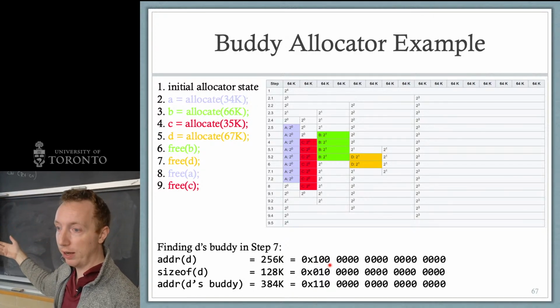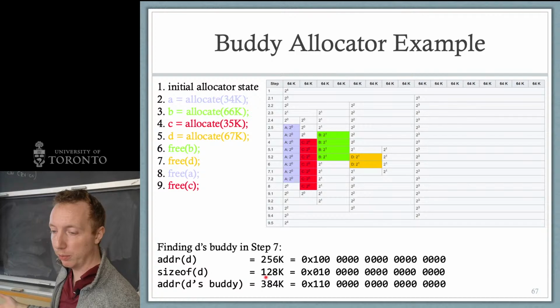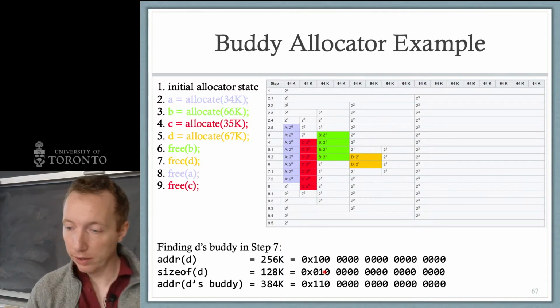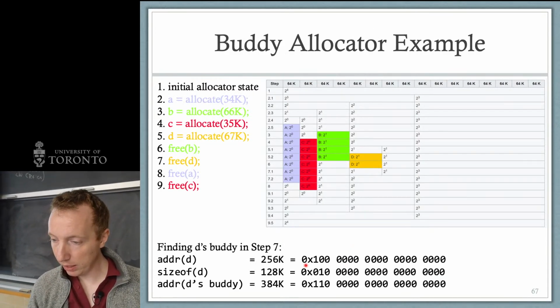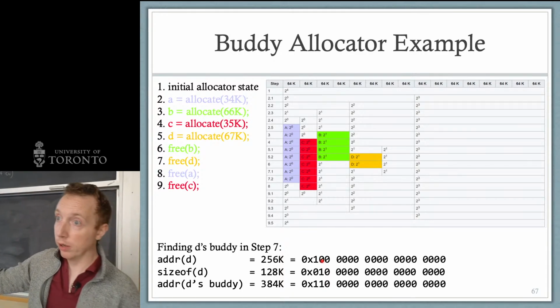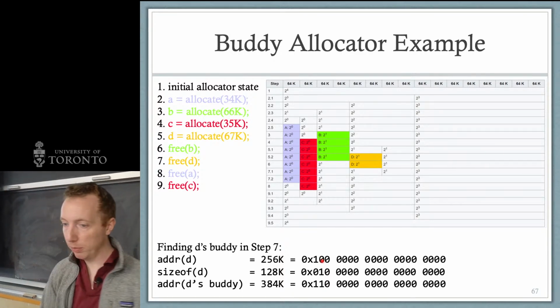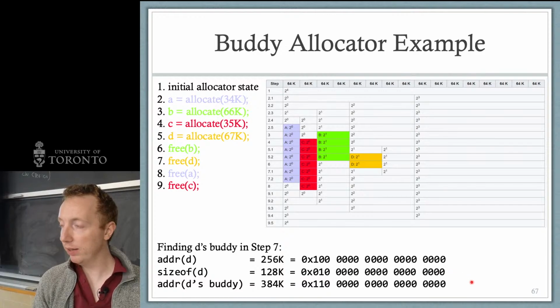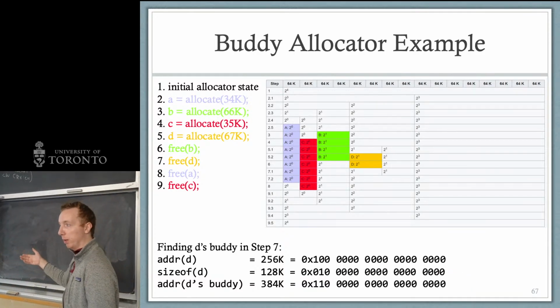If we know the size of the allocation, the power of 2 was 128, that means it's this bit that indicates who your buddy is. So if my address is a 1 and a whole bunch of 0s, my buddy is at the address where this 0 just gets flipped to a 1. So I immediately know who my buddy is.